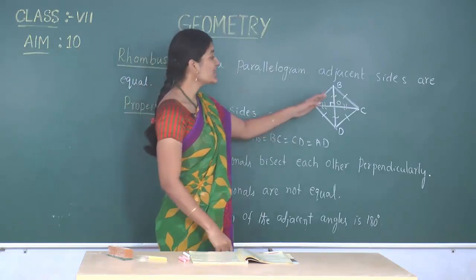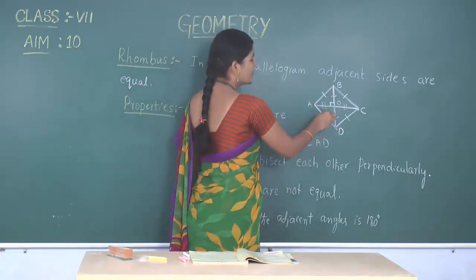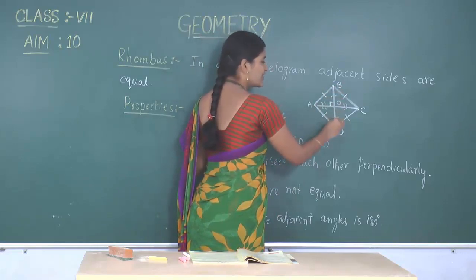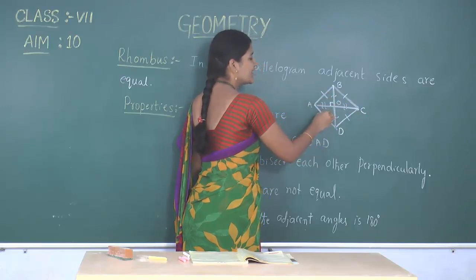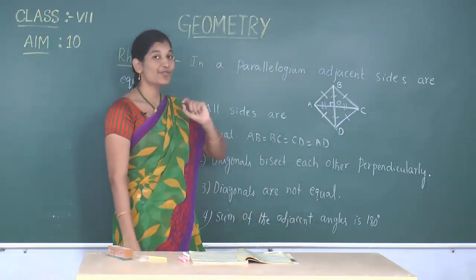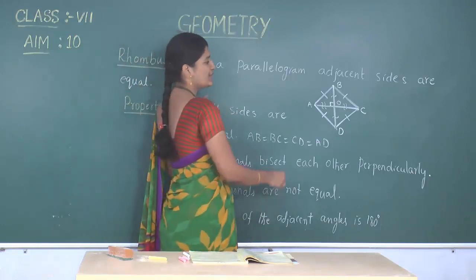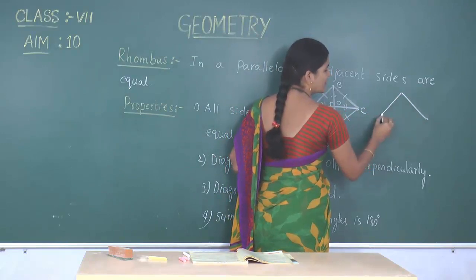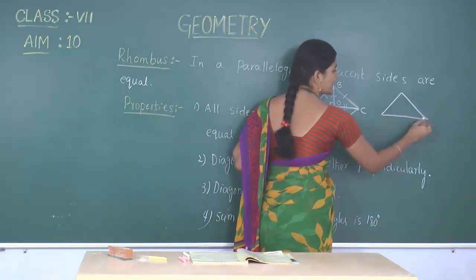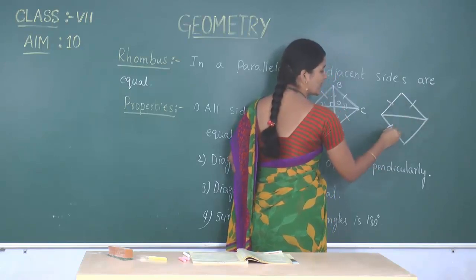And now each diagonal divides the rhombus into two congruent isosceles triangles. Why I am saying isosceles triangle, see here I am drawing one more rhombus. Suppose let me take one diagonal only here, and we know all sides are equal.